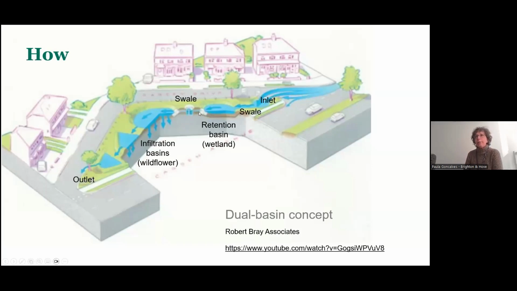This is the concept. The idea was developed by Robert Bray Associates. We had a competition for ideas, and he won that competition. And we had some residents on the panel helping us select the scheme. And this is the concept. We have the runoff from the road that's then diverted through an inlet to what they call a retention basin with wetland planting.